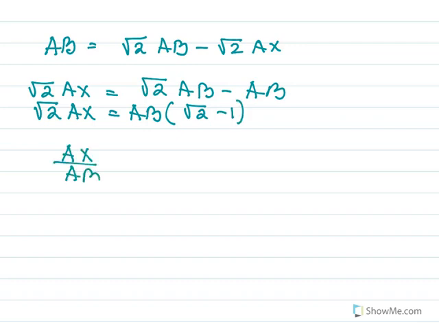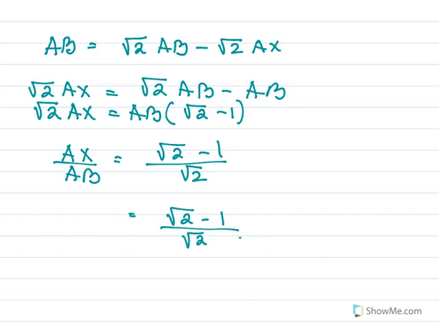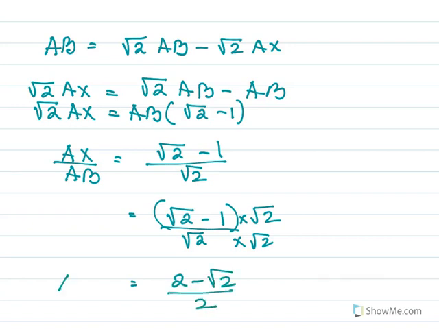And AX over AB will be root 2 minus 1 over root 2. I've taken the root 2 to the other side. So I rationalize this root 2 minus 1 over root 2. To rationalize, I multiply by root 2 over root 2. So that is 2 minus root 2 over 2. This is the ratio of AX over AB.